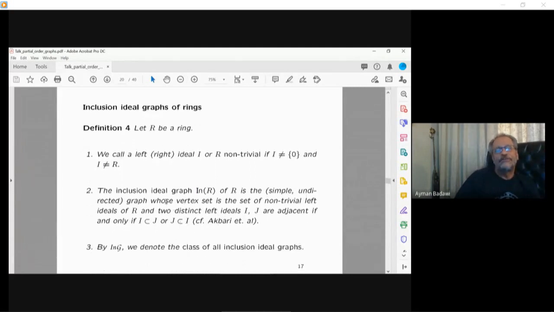So the inclusion graph has as its vertices all distinct proper left ideals, and this is how you connect them.